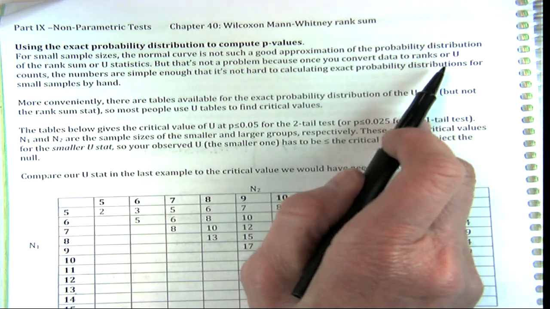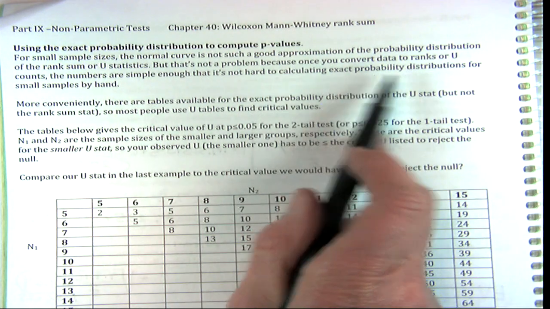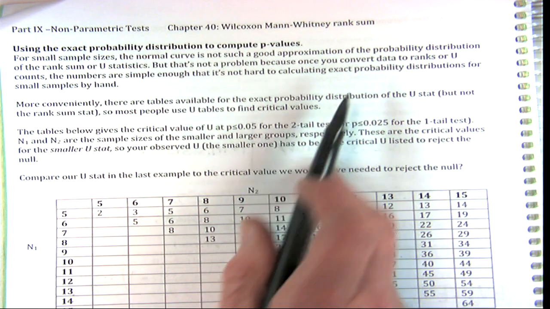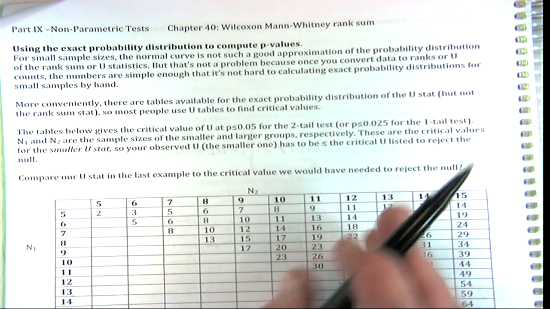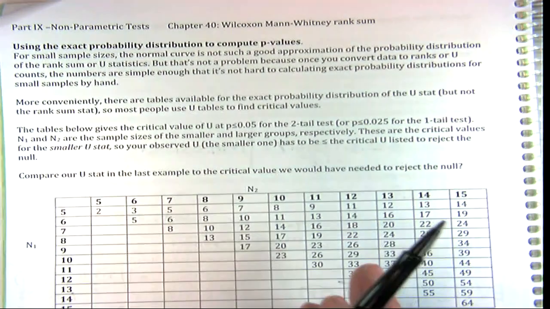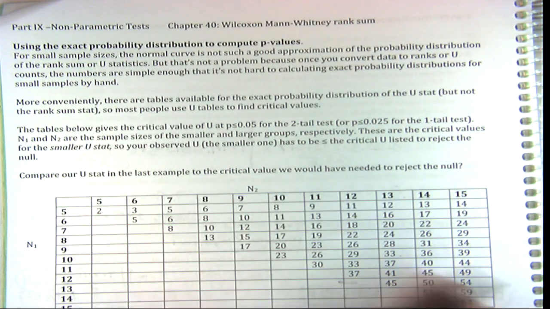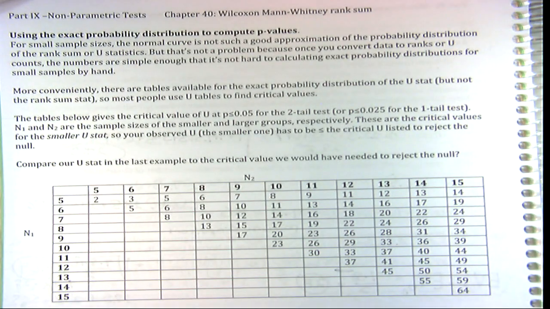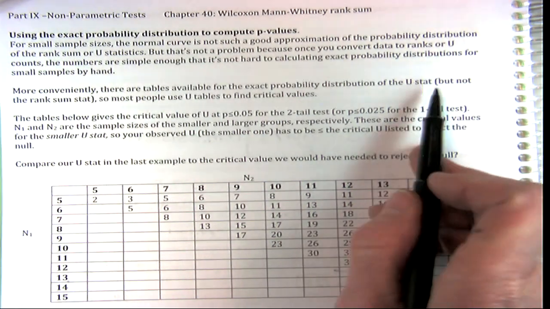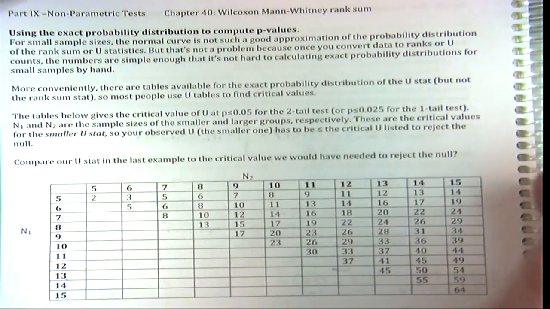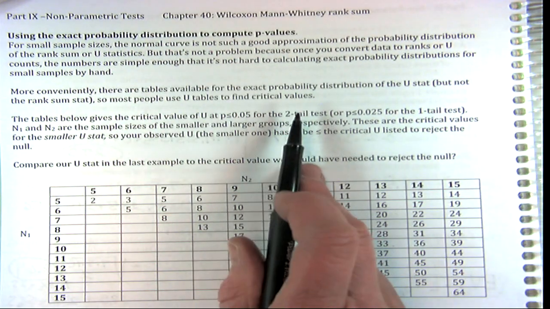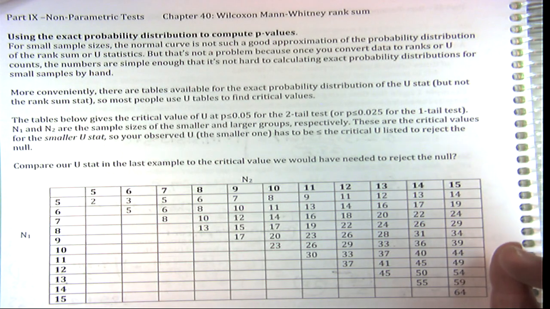But that's not a problem, because when you convert data to ranks or U-counts, the numbers are simple enough that it's not very hard to calculate the exact probability distribution for small samples by hand. And more conveniently, there are these tables available. All the ones I've found look like this. They're for the U-stat, at least the ones I found in books, but not for the rank sum. So most people use tables to find critical values.